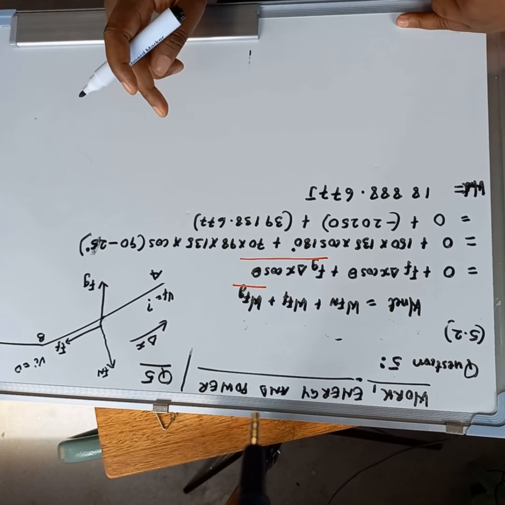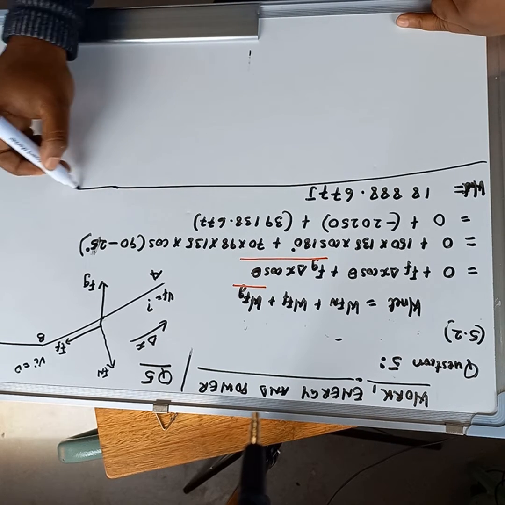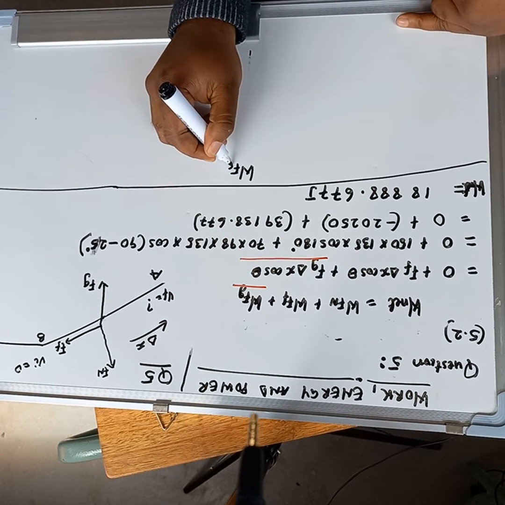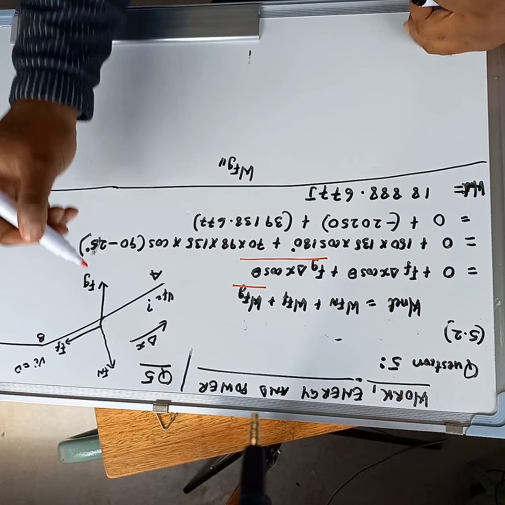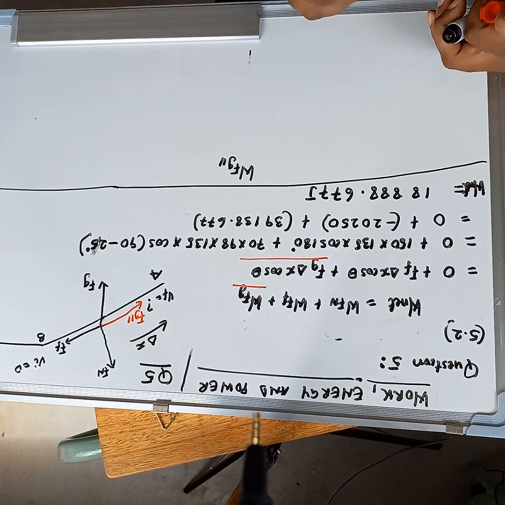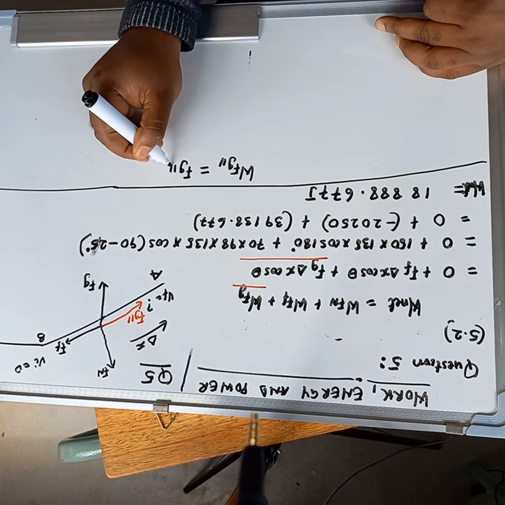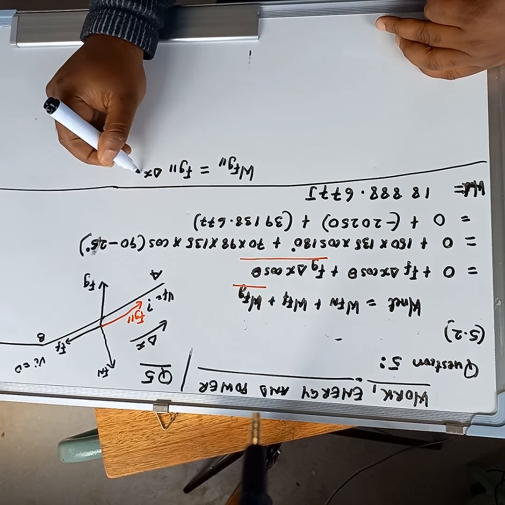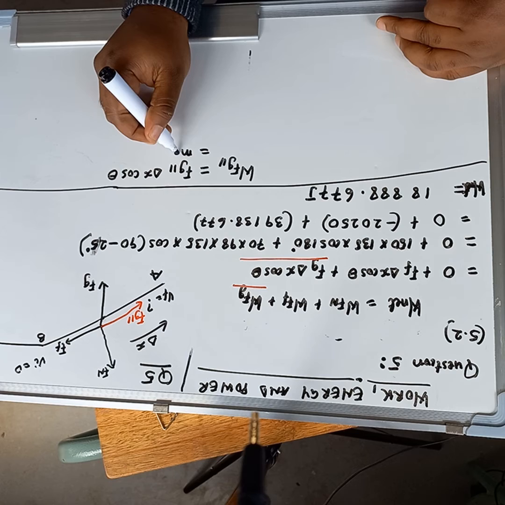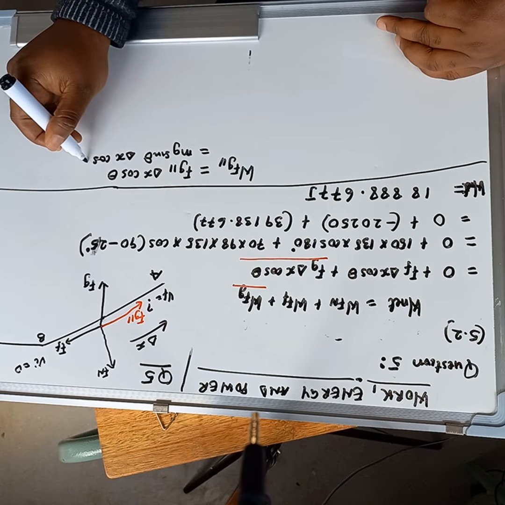Also, just like I said, I can calculate the work done by Fg parallel, so don't be confused. If I'm using that, I have Fg parallel times the displacement times cos theta. Fg parallel is mg sin theta, times displacement, times cos theta.